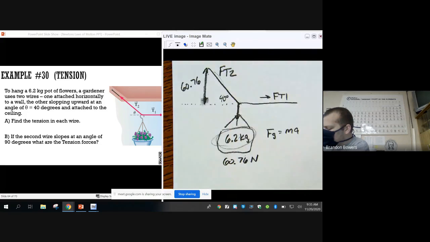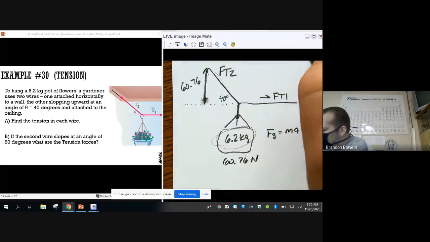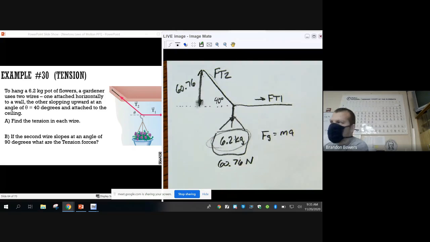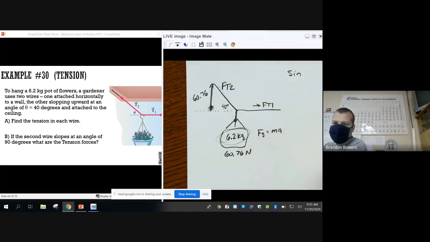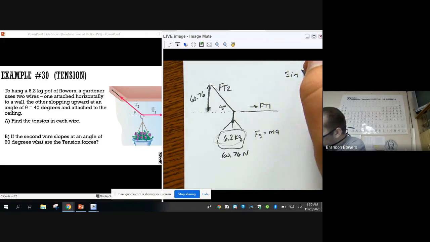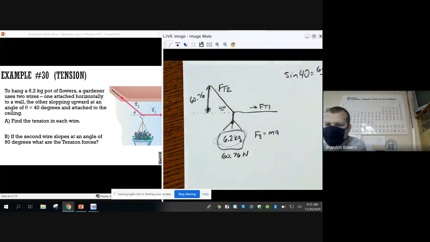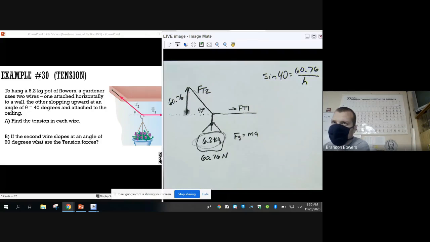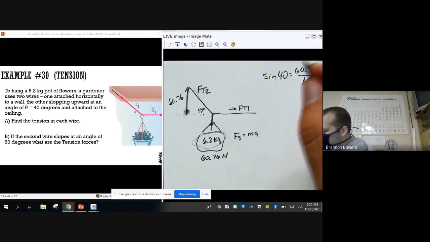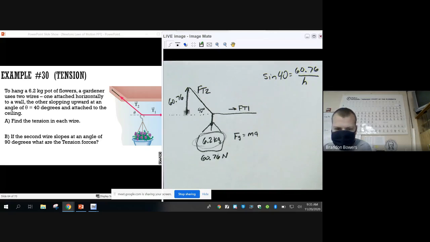Can I solve for my hypotenuse here? Yes. So opposite and hypotenuse. Sine of 40 is equal to the opposite over hypotenuse. So what's my force of tension 2?